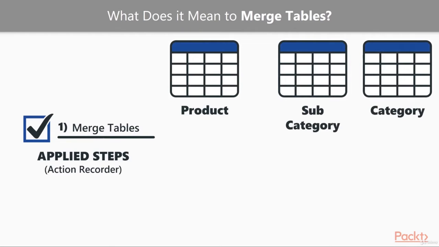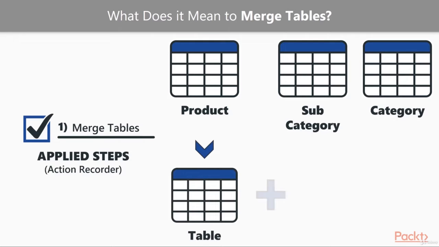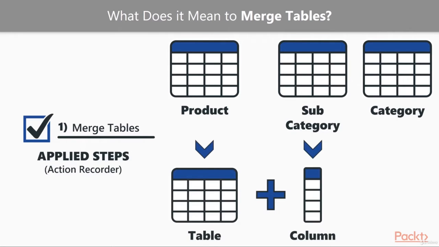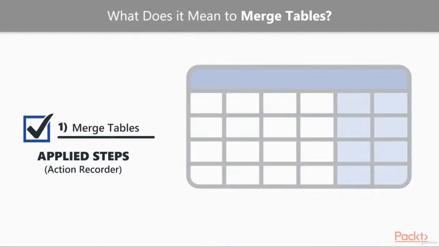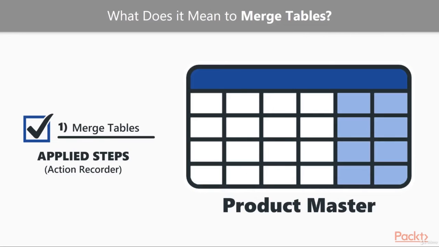The way this process works is that we'll use the entire products table, adding the subcategory column from the subcategory table, and also adding the category column from the category table. This will give us a final combined products master table, with this single master table containing both the products data and the new columns.